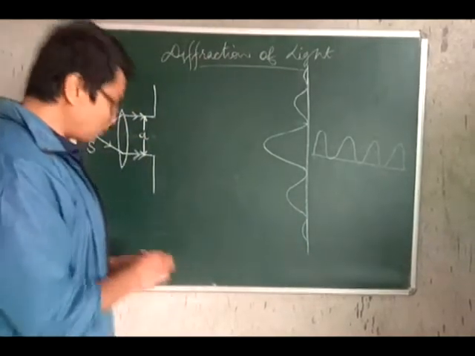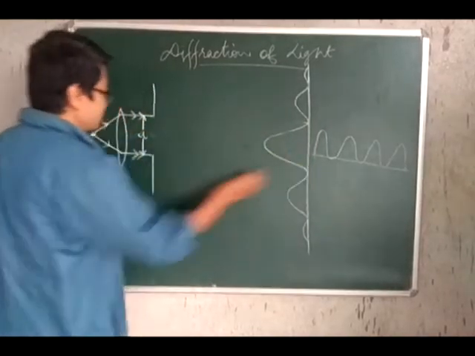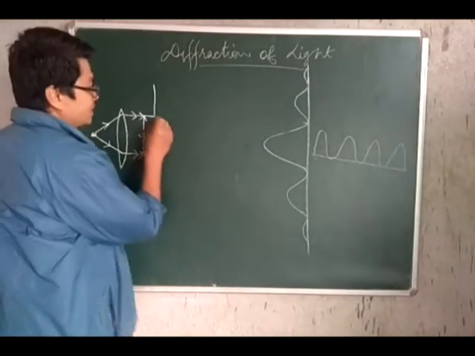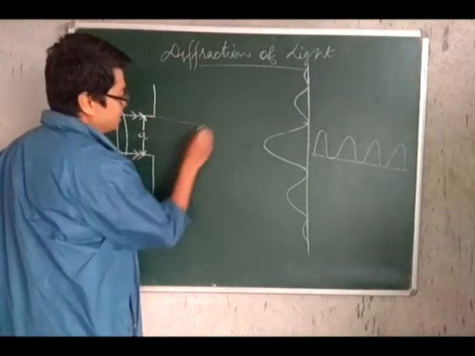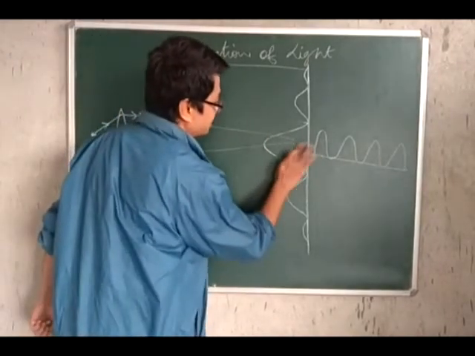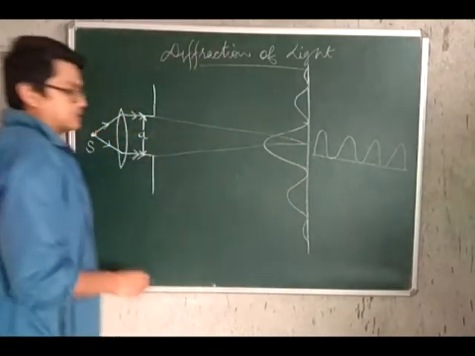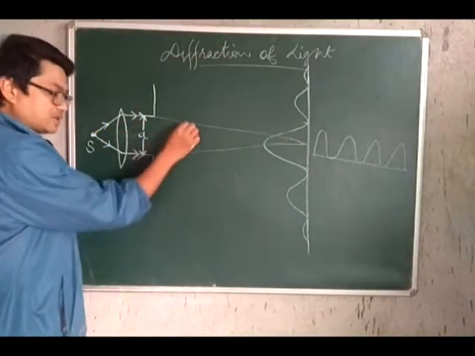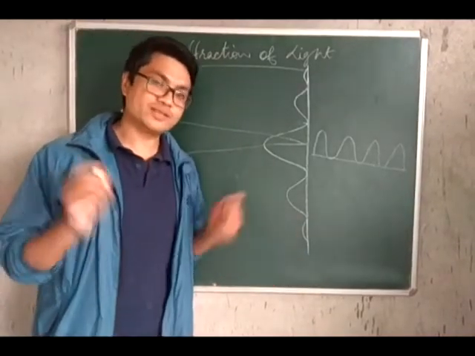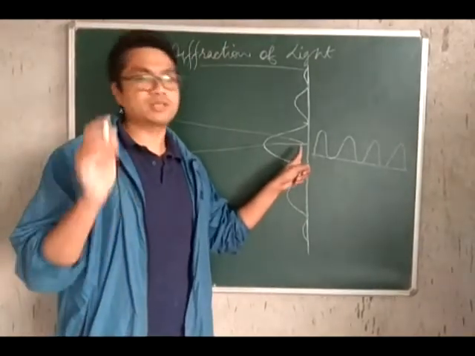Alright. Now, we've understood how we get the central maximum: rays of light coming from here come and hit the central portion on the screen, and since they travel equal distances, the path difference between these two rays of light is zero, and we know that if the path difference is zero, we get constructive interference.